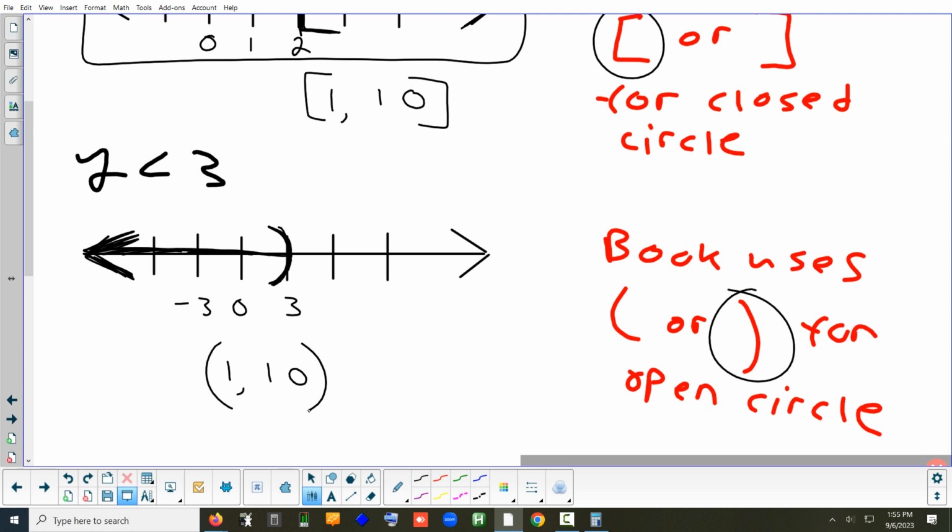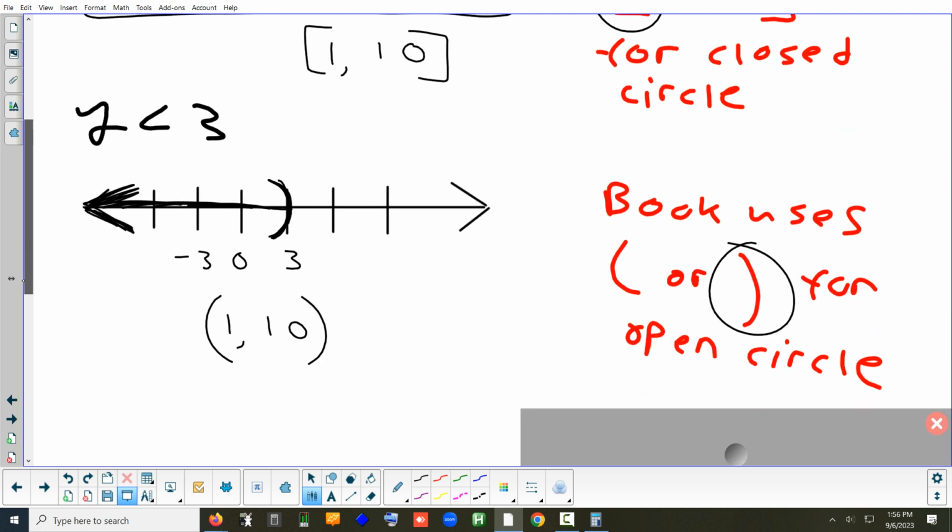That's how you could write all numbers between 1 and 10, but not including 1 and 10. And it does kind of look like a coordinate. The only way you know it's not a coordinate is from the problem. You'd have to read the problem. So sometimes when I read answers in the back of the book and I see this, I don't know exactly what they mean. I have to go look at the problem to see what I'm reading to you. Okay. Any question on that?